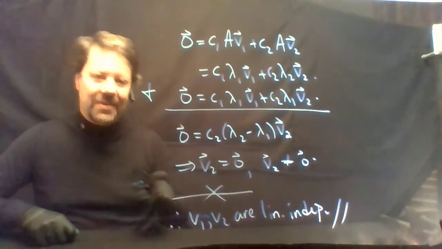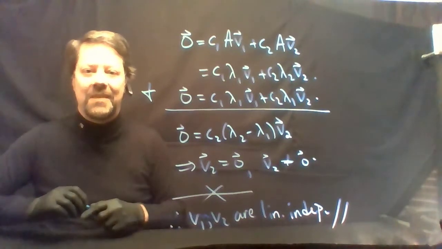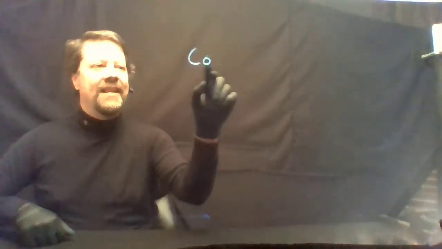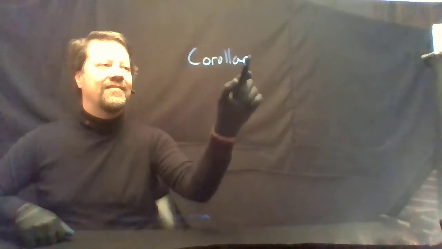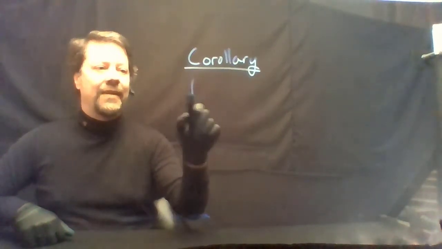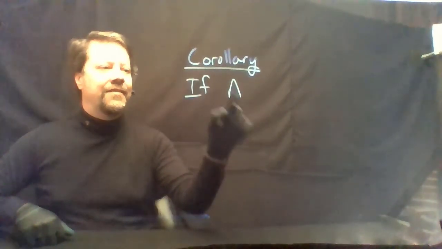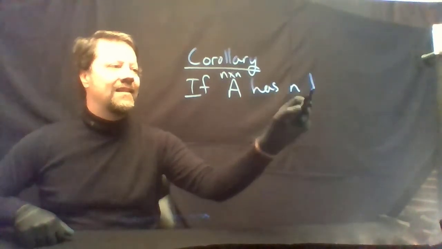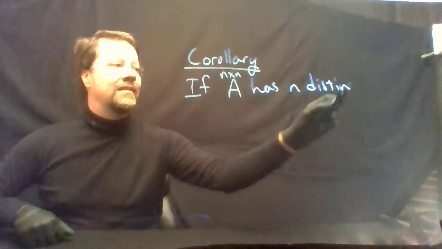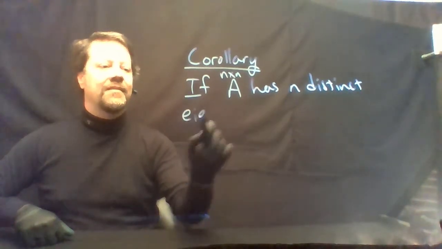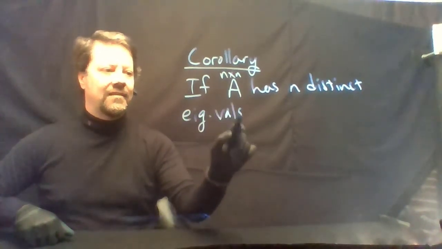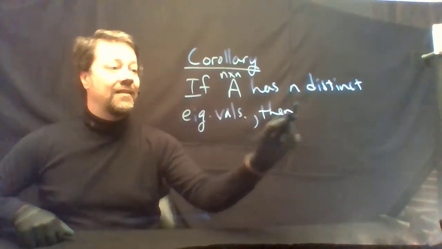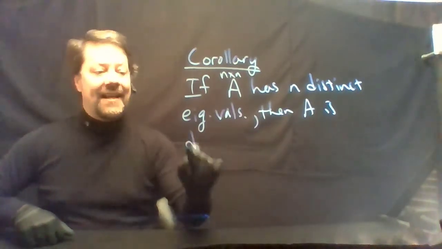They have to contribute something new in terms of a direction in space. As an immediate corollary, we have the following. If some n by n matrix A has n distinct eigenvalues, then A is diagonalizable.